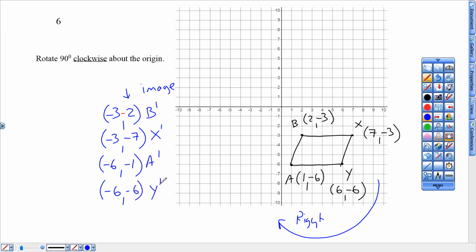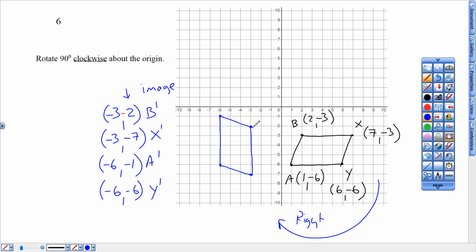So here you go. -3, left down 2, left 3, down 7, left 6, down 1, left 6, down 6. Draw that shape, and then I'm going to have you label this one.